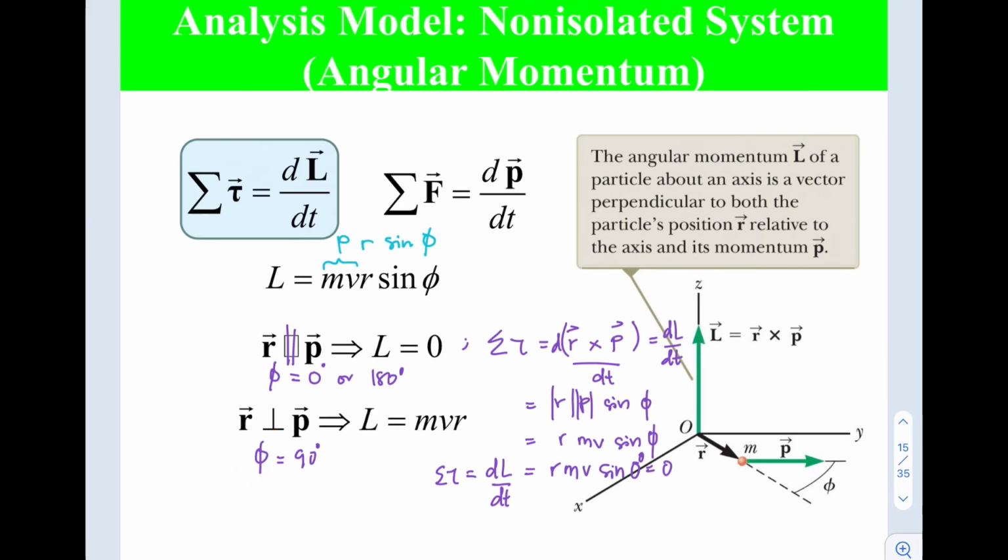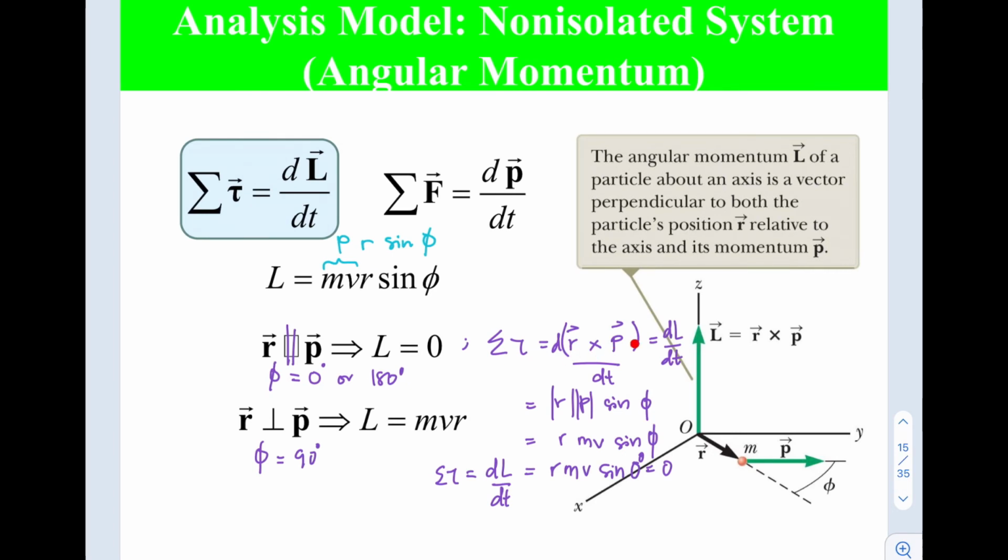Whenever R and P are perpendicular to each other, the angle is 90 degrees. So L is going to be the maximum it can be, because sin 90 gives us 1, and the maximum value of sin theta or phi here is 1. So this value is going to be maximum, and we are left with mvr. How about the unit? The unit is going to be kilogram meter per second meter. You can imagine that and simplify it.